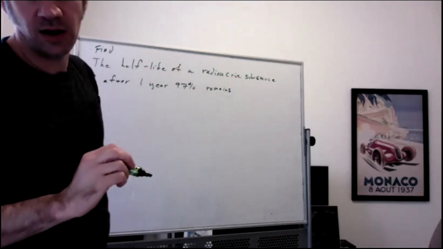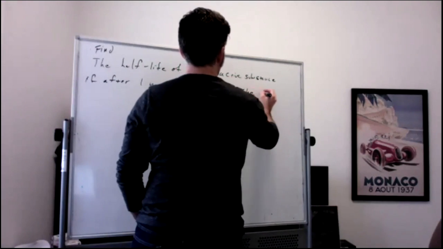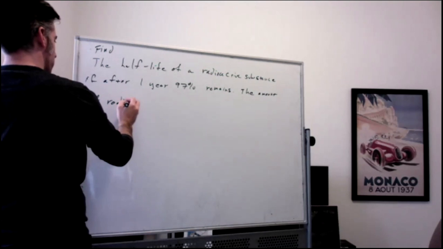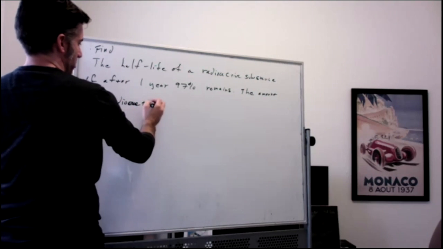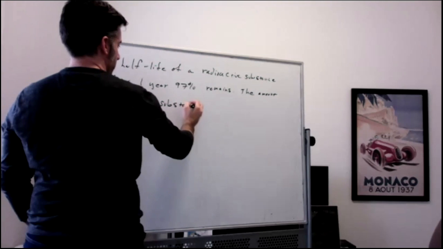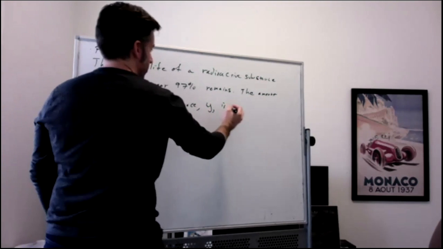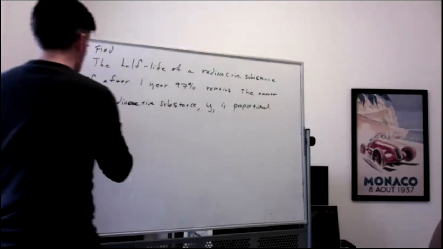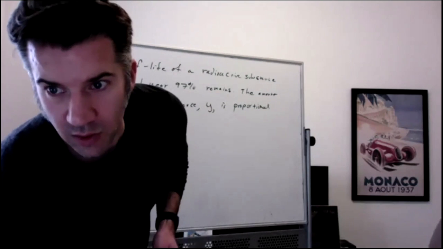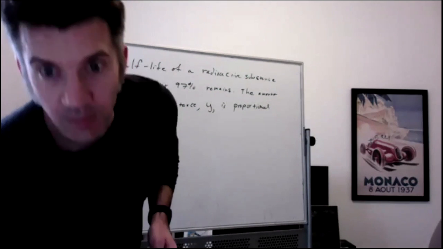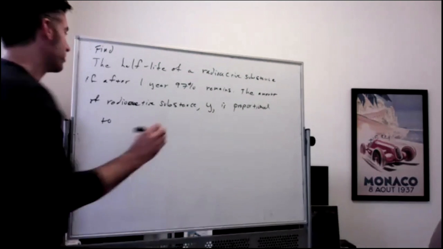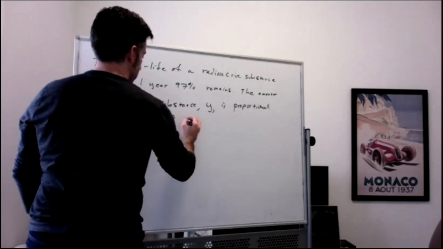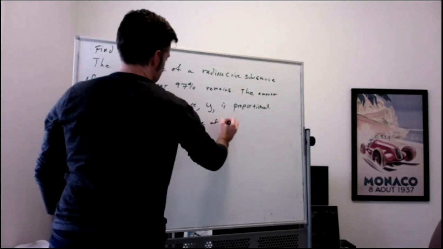And we're supposed to use the idea here that the amount of radioactive substance, let's call that y, is proportional to the rate of change of the amount of substance.